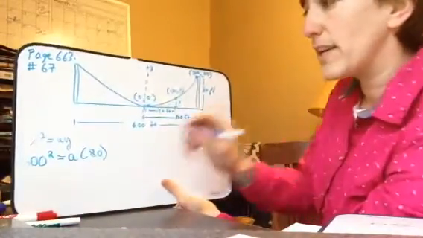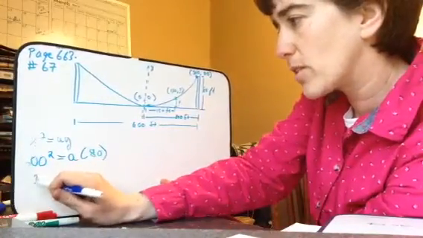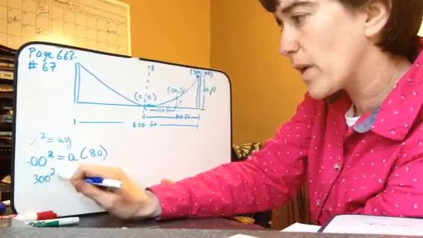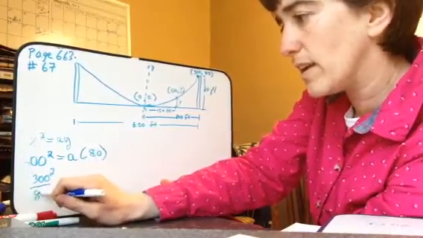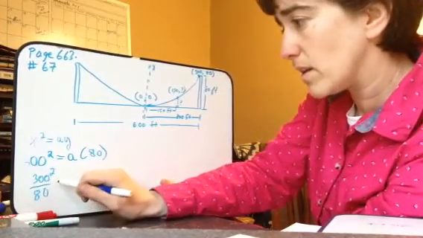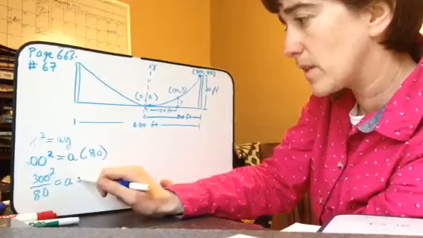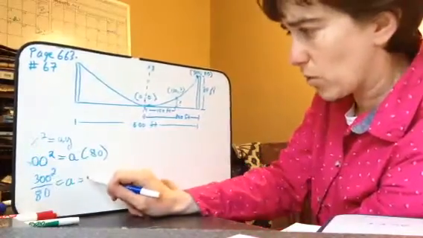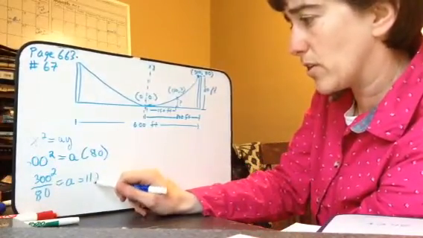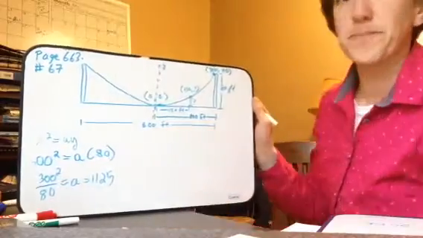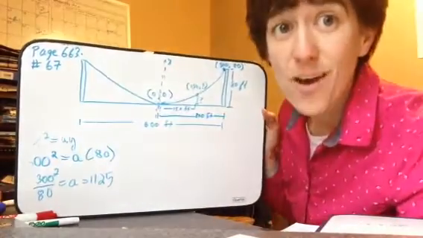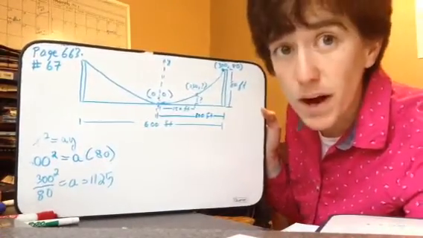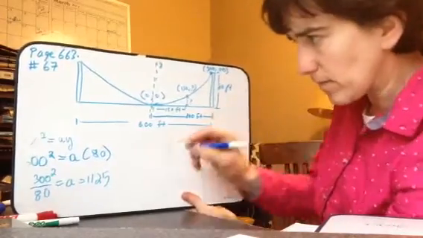So in order to find a, I will have 300 squared over 80 equals a, which happens to equal 1,125.